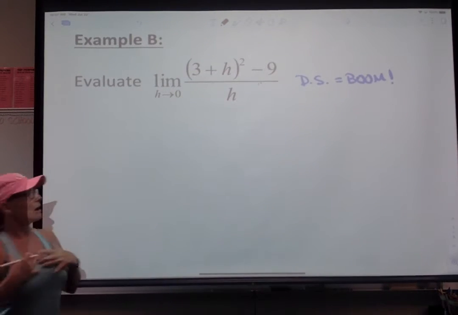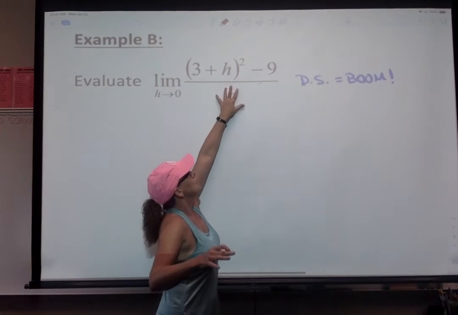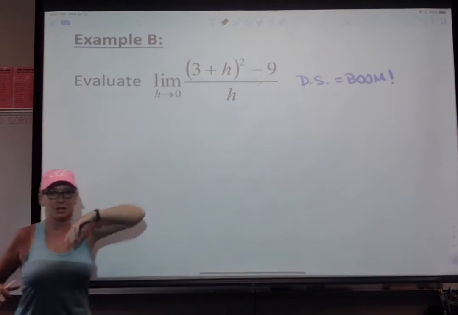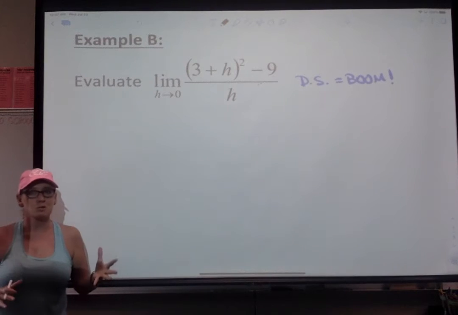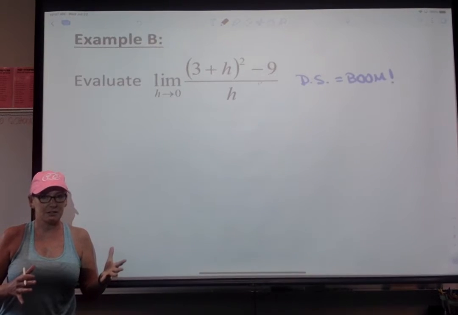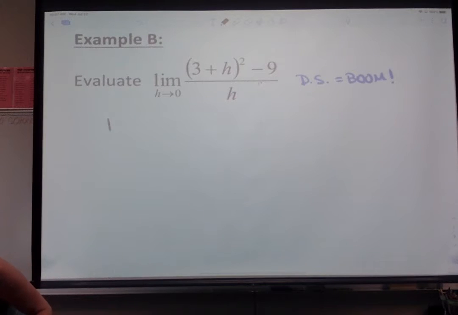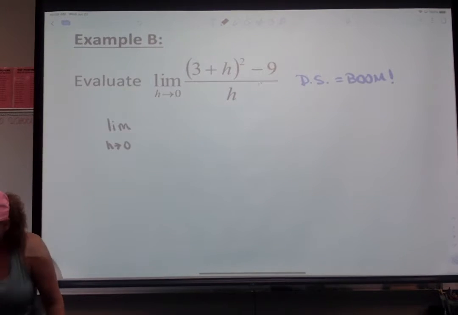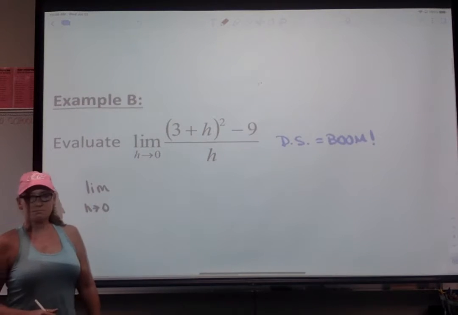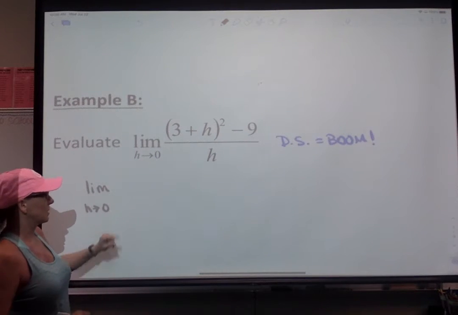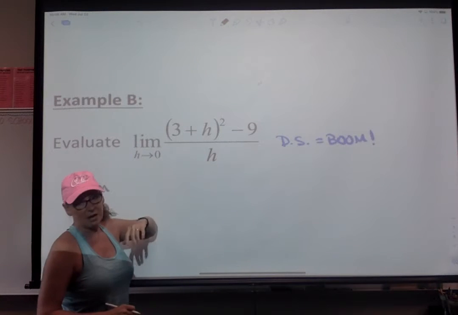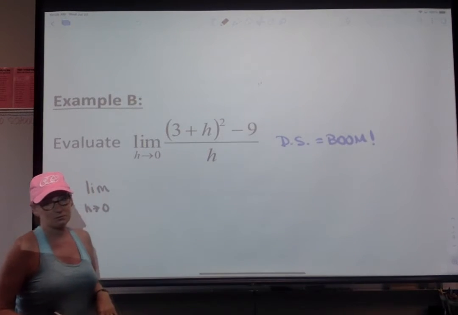So it's our job to legally manipulate this function, work some algebra magic on it, so that I can plug in 0 for h. So let's see, what could we possibly do to change this function around? Well, be careful. Don't you dare try to cancel out those h's.